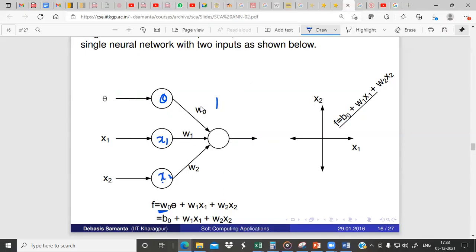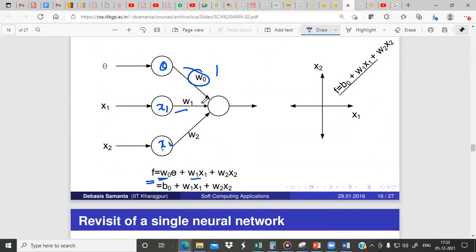So these are inputs. So this neural network is represented through this function: f is equal to W0 into theta, this is a bias term, plus W1 x1 plus W2 x2, right? So basically this is a bias term, so we are representing it as B0 plus W1 x1 plus W2 x2. So this represents basically a linear equation. Okay.